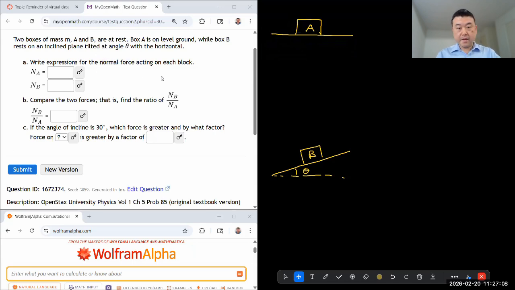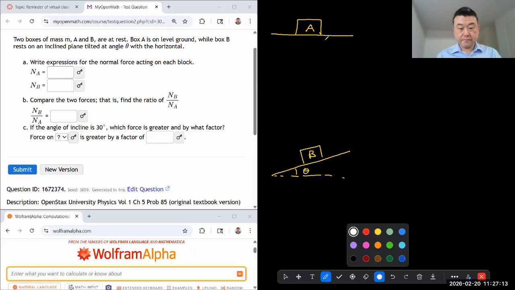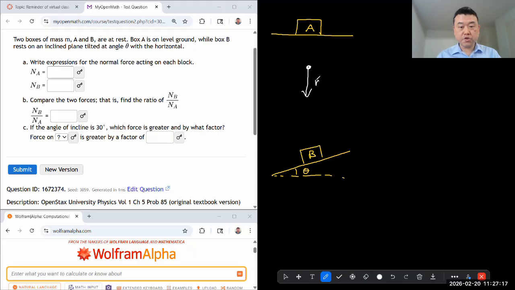So the free body diagram of A is pretty simple. It's just two forces, gravity pulling it down, mg, and normal force pushing it up, and let me call it N sub A. When you go through the analysis, it's not accelerating up or down.